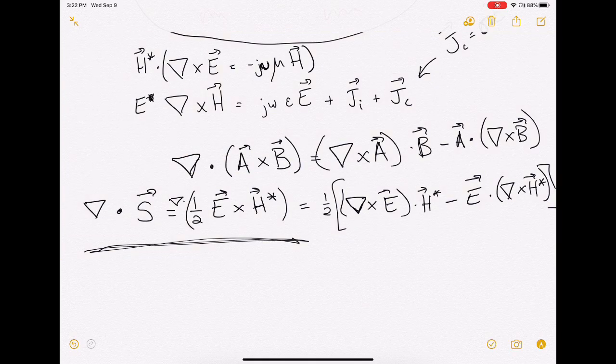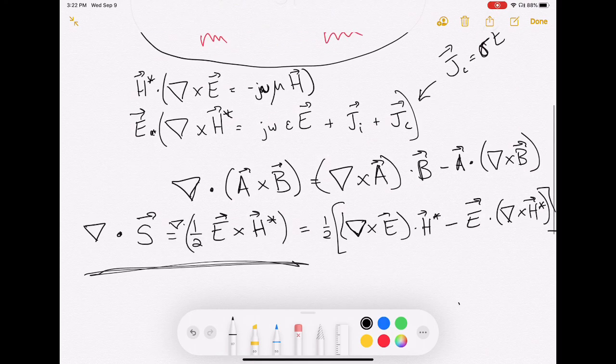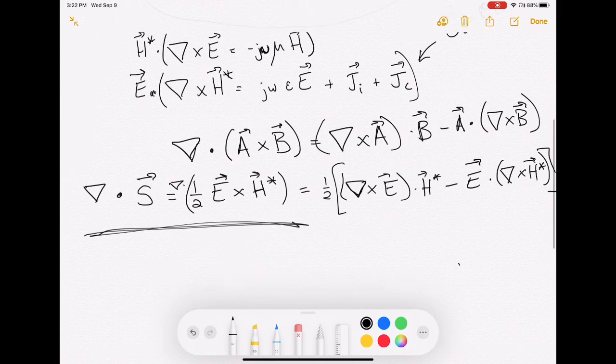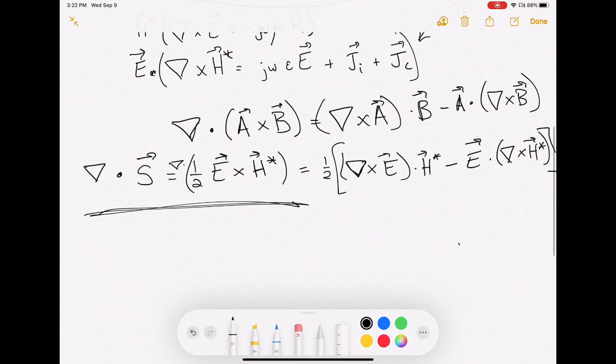Whoops, we need to dot the complex conjugate of Ampere's law with the electric field. So once we do that, we can subtract the two. We're going to subtract the top one from the bottom one.